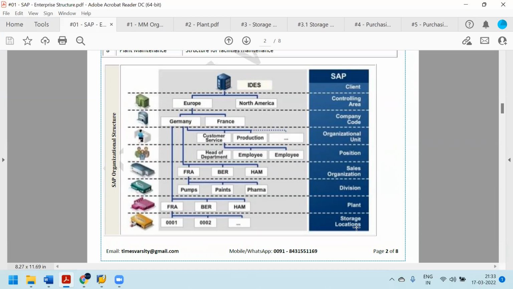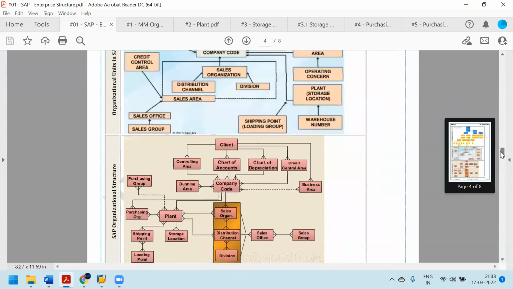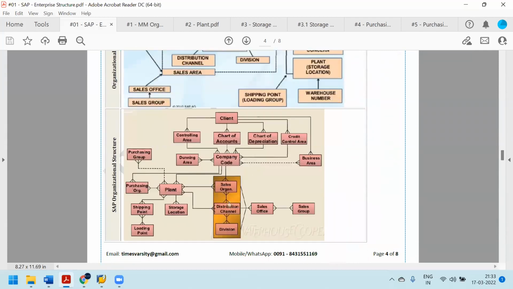As discussed yesterday, when we combine organizational structures of different modules, then it becomes the enterprise structure. So today, in order to make a complete enterprise structure, we just have company and company code.